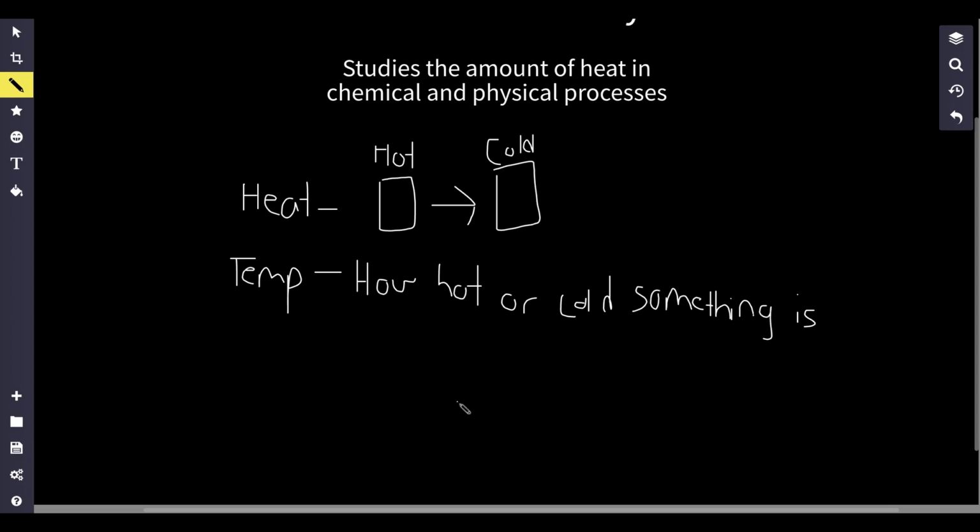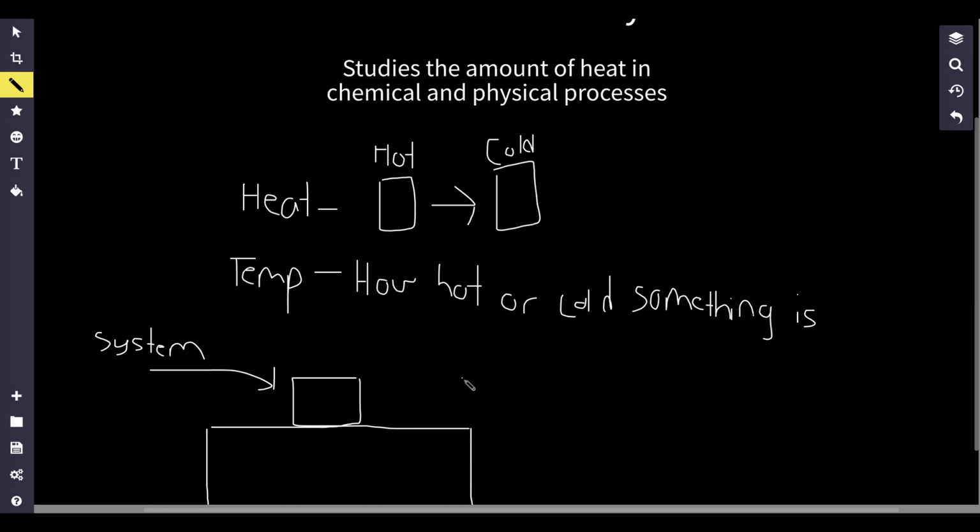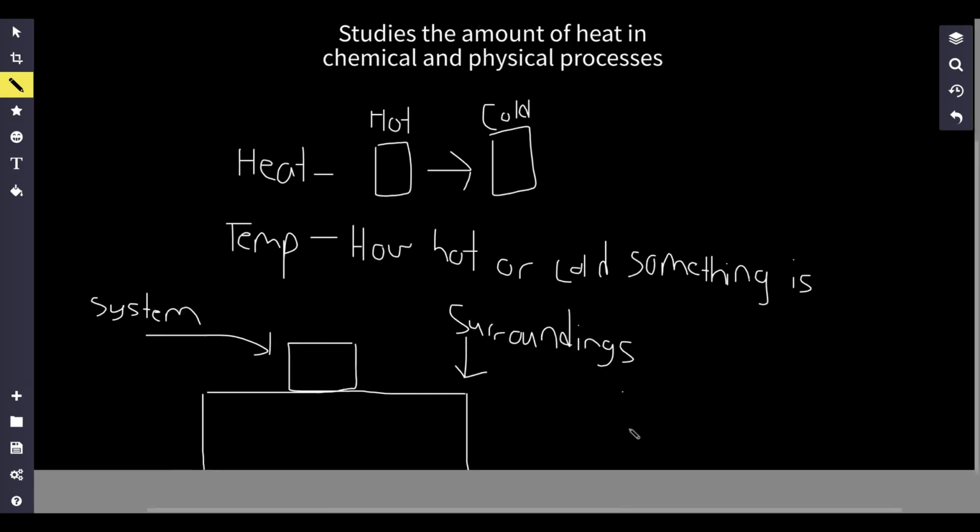For example, if we're focusing on just this Lego block on this table, this becomes the system. Everything else is defined, so for example, this table would be defined as the surroundings.